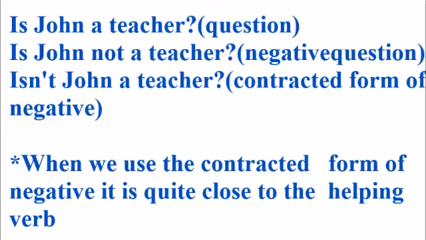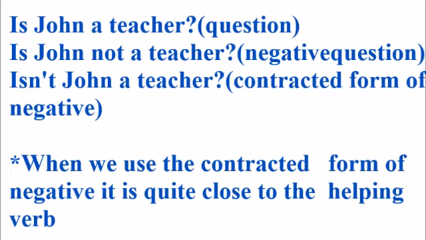Now negative interrogative. Is John a teacher is a positive question. Is John not a teacher is a negative question. Isn't John a teacher is the contracted form of negative. When we use the contracted form, it comes quite close to the helping verb. That is, it comes in the beginning itself.